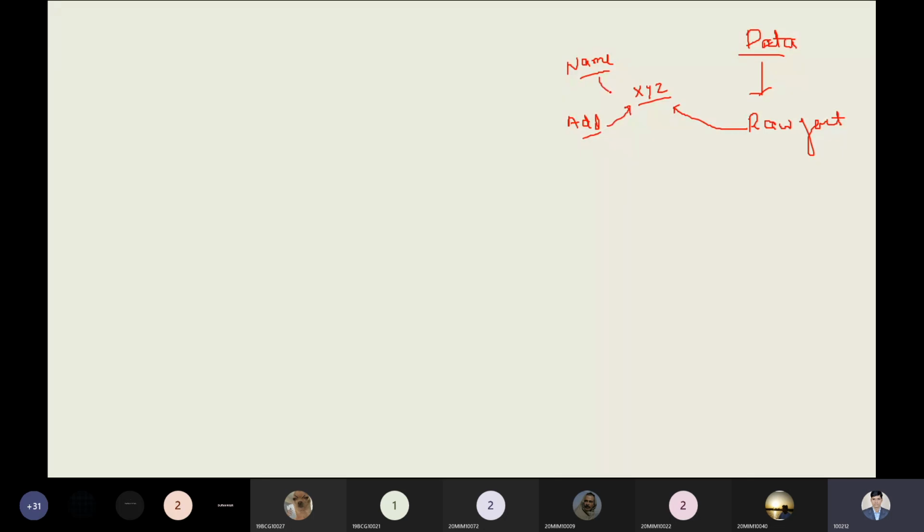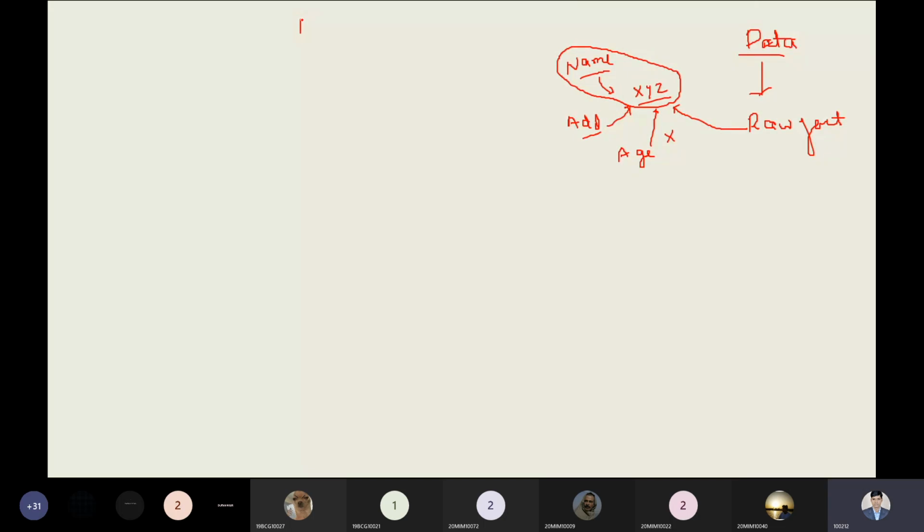But if I write age, this could not be age, because XYZ is not applicable. That is a point we have to keep in mind. The first point is data: data is a raw fact, and after processing data, we have information. If I say this is the name of the person, XYZ, then this data XYZ has its own value.